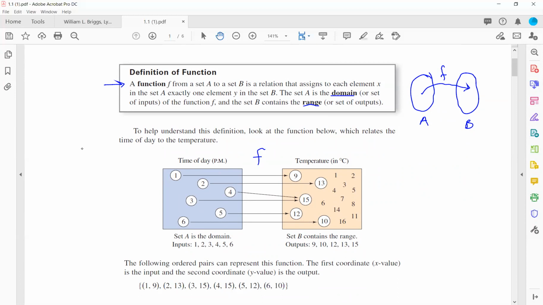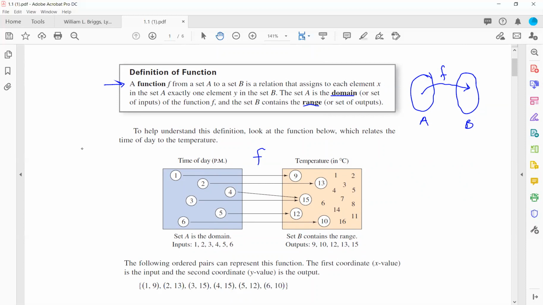Function f takes 2 and it maps it to 13. At 2 p.m. the temperature is 13. Function f takes 4 and it maps it to 15. At 4 p.m. the temperature is 15.